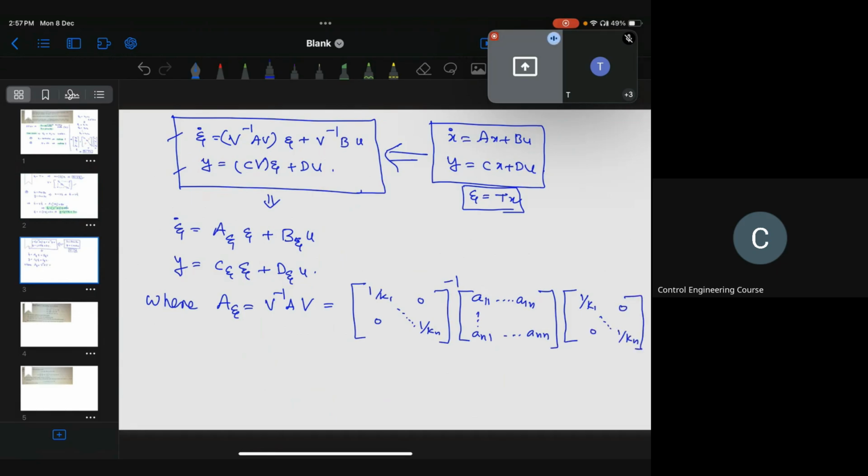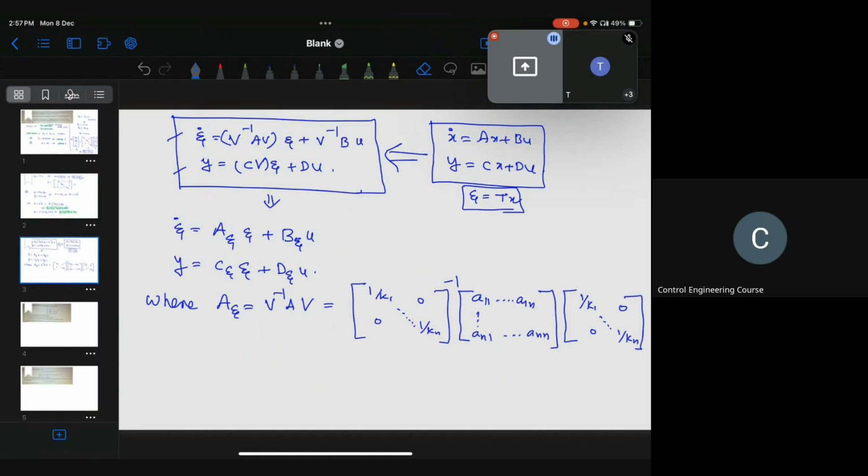Now we know how to calculate this, and we can easily do the calculations. To find A zeta, the calculations are not important here.